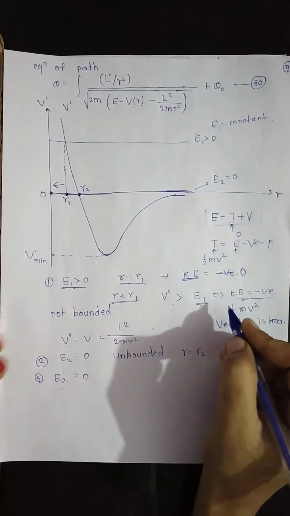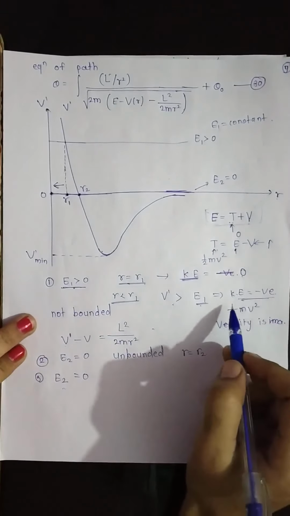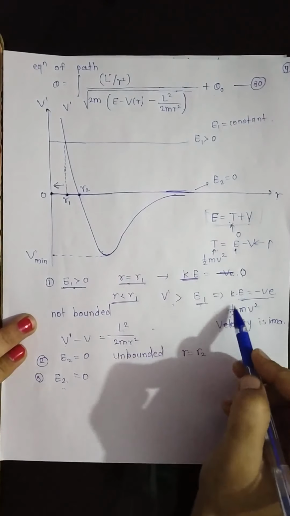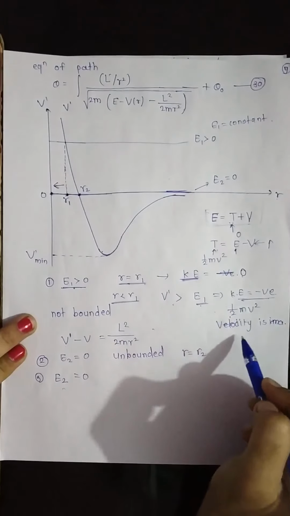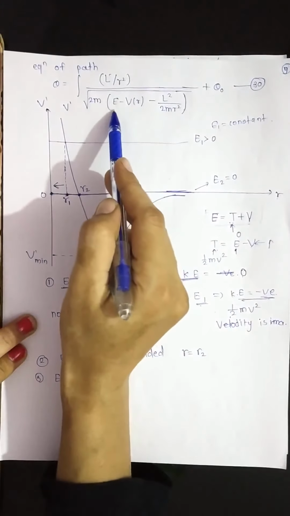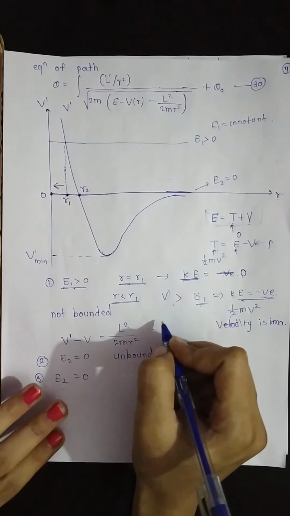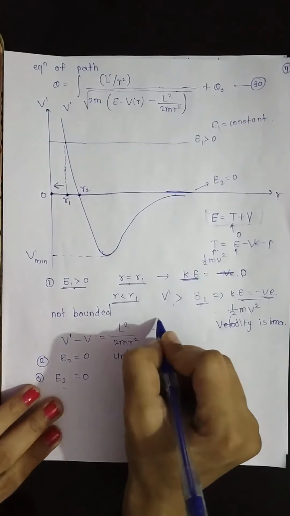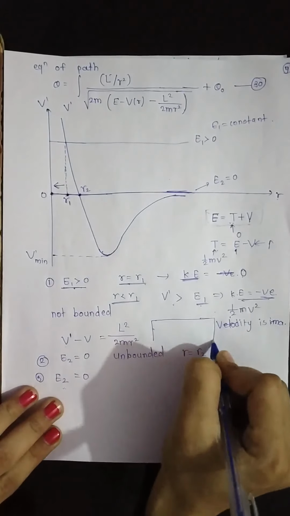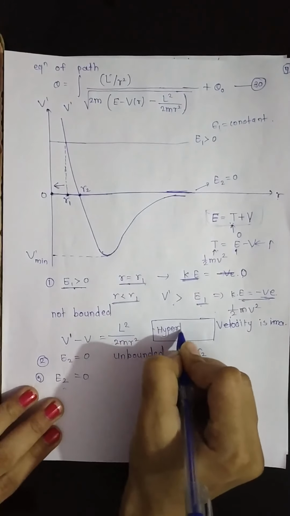So here our particle's orbit will be unbounded, and by substituting these values of kinetic energy as 0 and negative value, the path followed by the particle will be the path of the hyperbola. So this path in this case, let me write it in this box, it will be hyperbola.